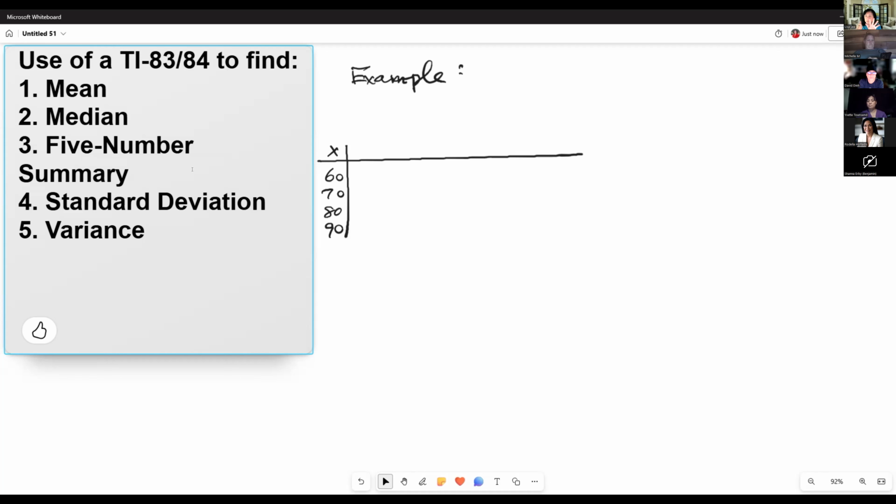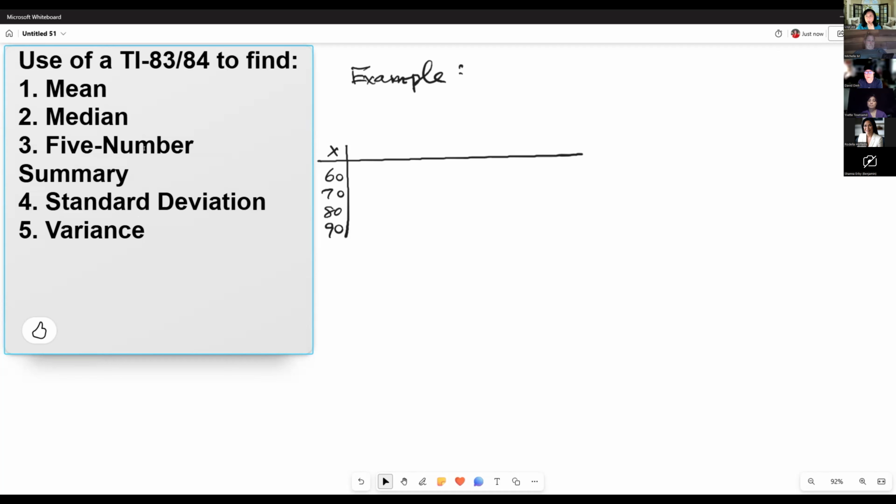If you have 6, an even number, we have 2 numbers in the middle, so you have to add up the 2 middle ones and divide by 2. So sometimes your median is not part of the data. That's something we have to pay attention to. And the 5 number summary: you just need to find the minimum, the first quartile, the median, the third quartile, and the maximum.